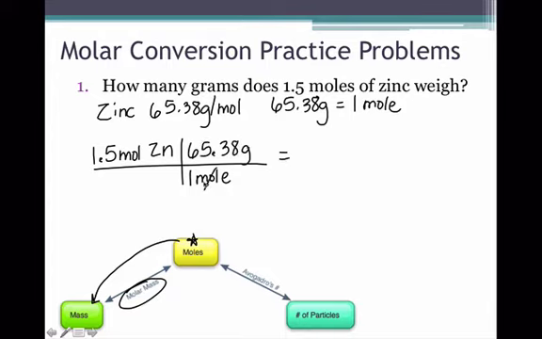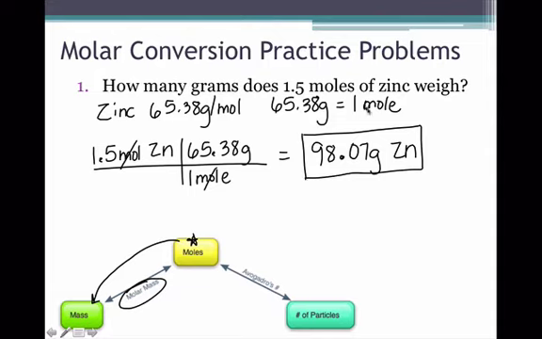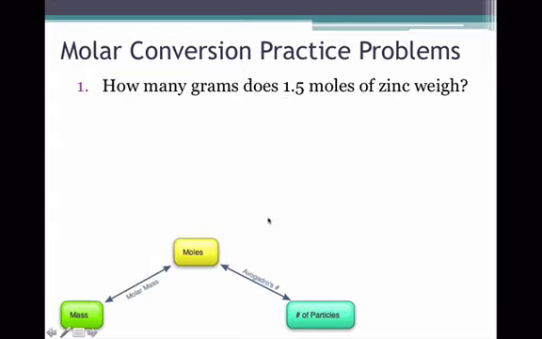I do that so that the moles cancel, and then when I multiply them, I get 98.07 grams of zinc. That should make sense to you that we would multiply, because if I know 1 mole is 65.38 grams, and I have 1.5 moles, I have to multiply that by the mass of 1 in order to figure out what grams would be for 1.5. So I get 98.07 grams of zinc, and that is just a one-step problem.